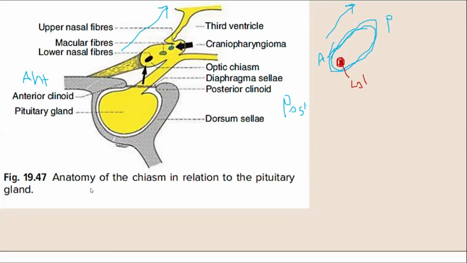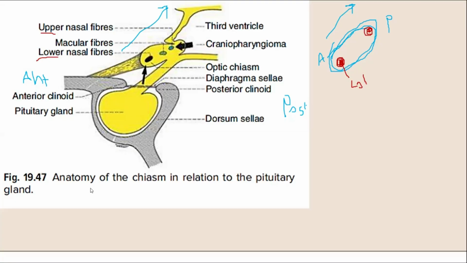That's why it's really important to say lower, okay? So the fibers that carry information from the lower retina are located lower along the visual pathway, except for the lateral geniculate body, and fibers from the upper retina are located up in the chiasm. Remember this. So in the chiasm, we will find nasal fibers; the lower is located lower, and the upper is located upper.